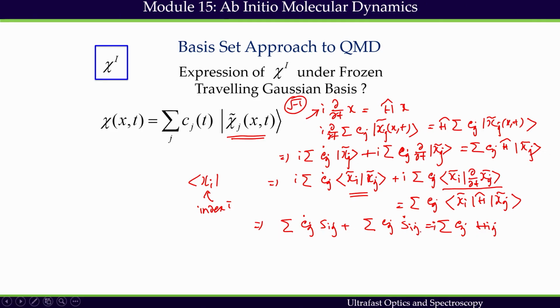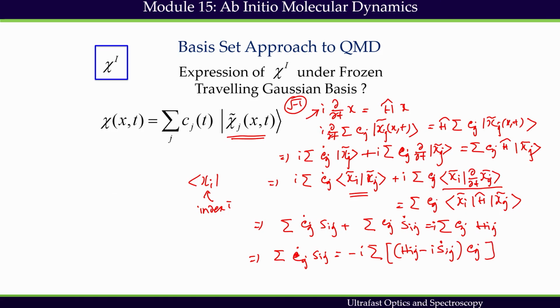and then one can write down this expression as cj dot Sij equals minus I summation of hij minus I Sij dot, then cj.